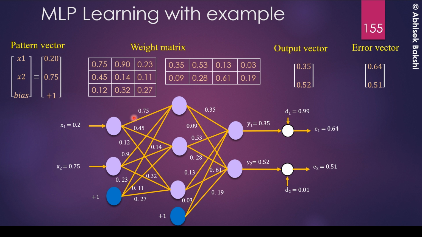Now, how will we represent these weights between input to hidden and hidden to output layer? We can do that by a matrix. Because ultimately what we have to do is multiply these weights with each and every neuron input.